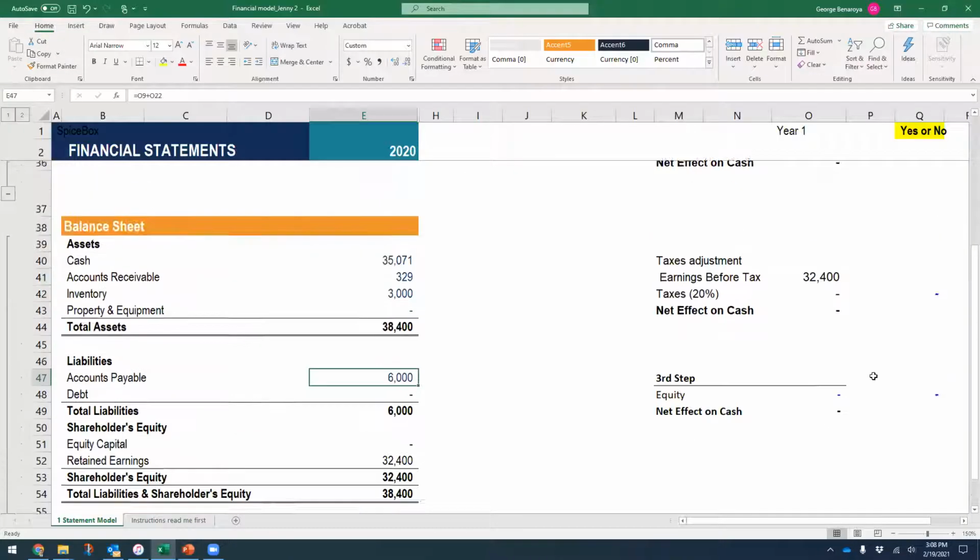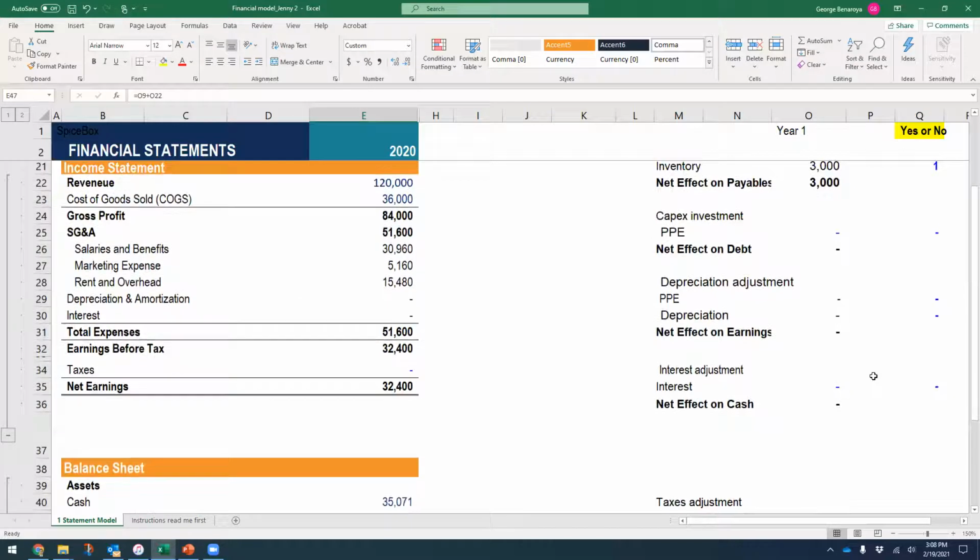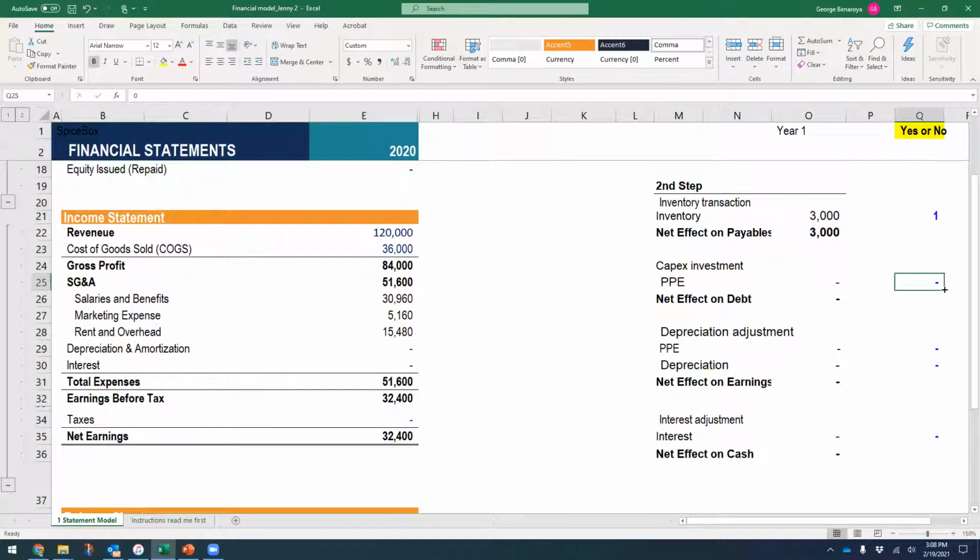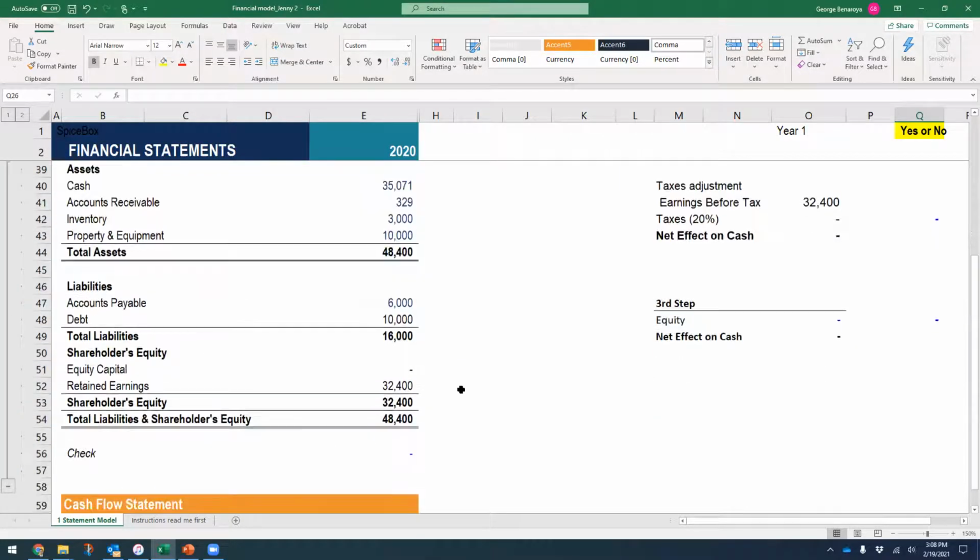So on the Excel file, we will put a 1 for the capital equipment, and this will automatically calculate the debt, and it will increase the property, plant, and equipment for 10,000 and the debt for 10,000, and the numbers again tie.